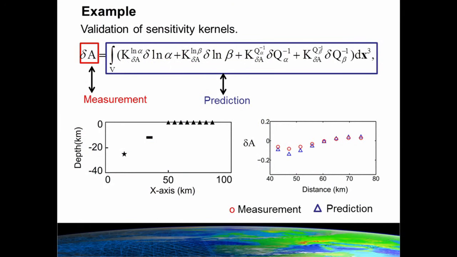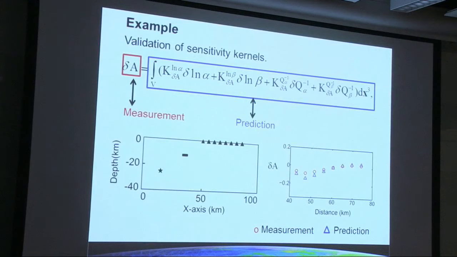As a numerical method to validate the accuracy of the sensitivity kernel, we can compare the measurements calculated from waveform cross-correlation as the measurement and compare the prediction calculated as the linear combination of sensitivity kernels. In a homogeneous anelastic model, we put a velocity heterogeneity perturbation in the rectangular region.